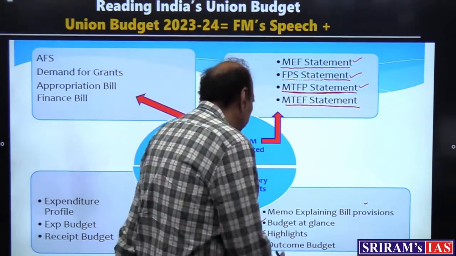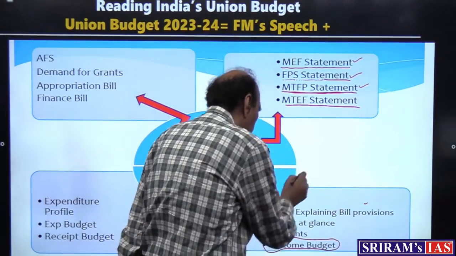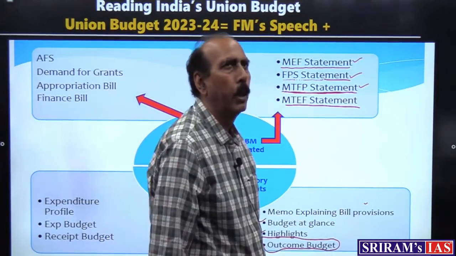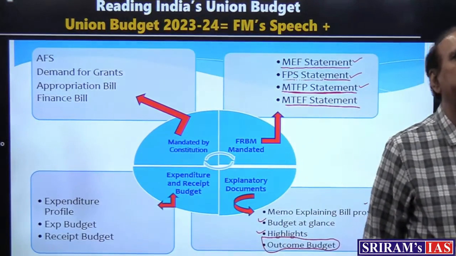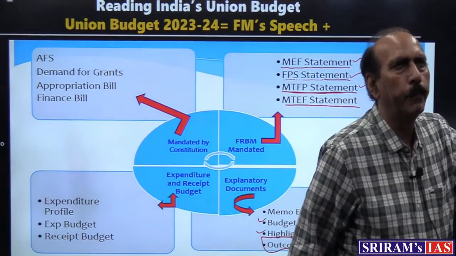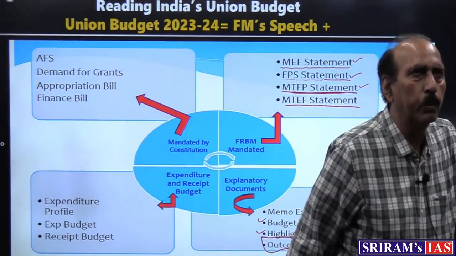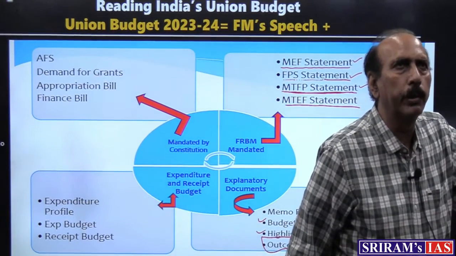Then this is the document which I mentioned earlier, a very important document today: the outcome budget. As I said, it was not presented in the Parliament earlier, and the practice of presenting the outcome budget started from 2006-07 onwards.